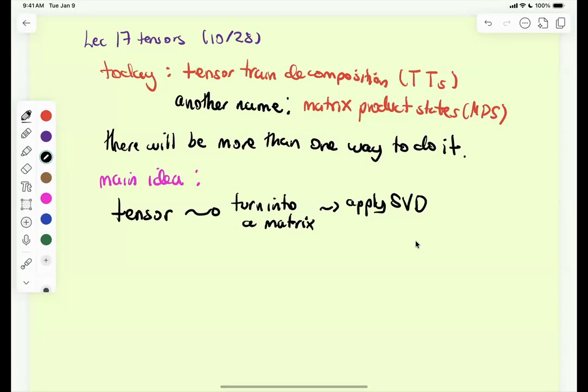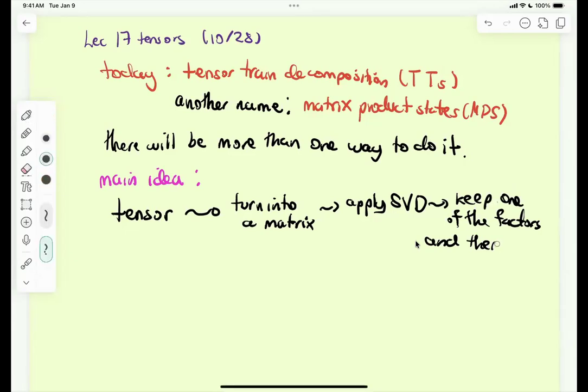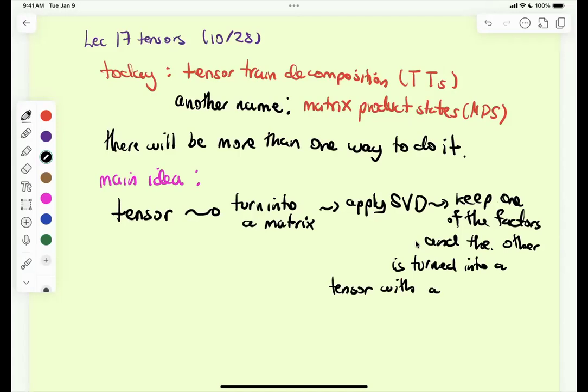So you keep one of the factors, and the other is turned into a tensor with one fewer index, and then you repeat. And just to keep the diagram, then you go back to where you started, right?